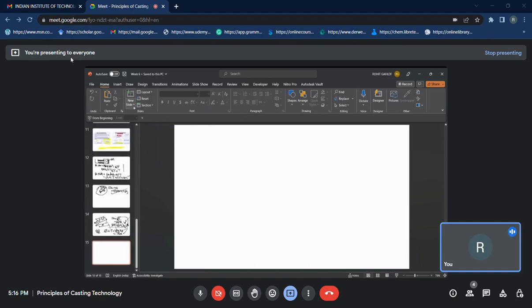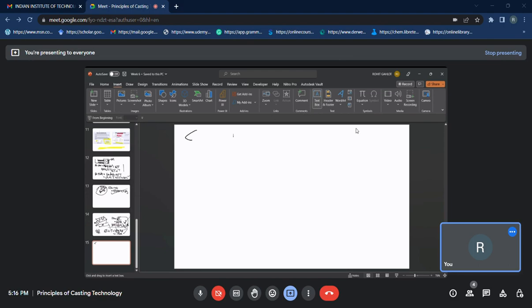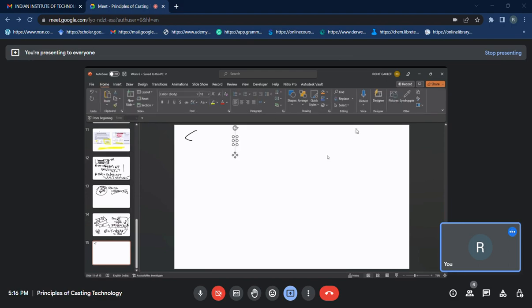Firstly, the different casting technologies. The casting techniques can be classified into expandable mold, permanent mold, or continuous casting.